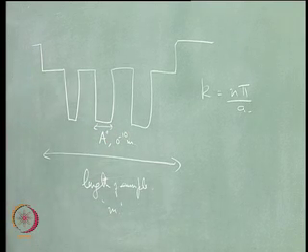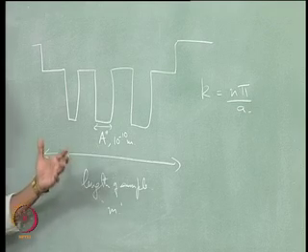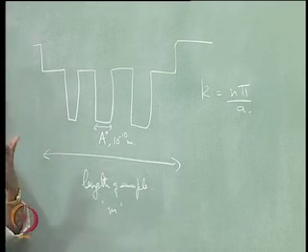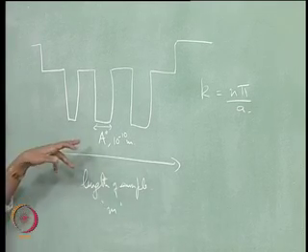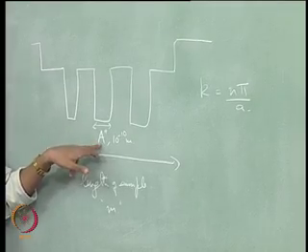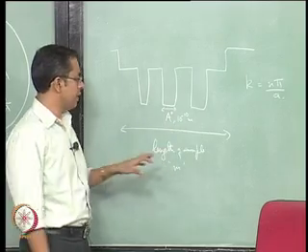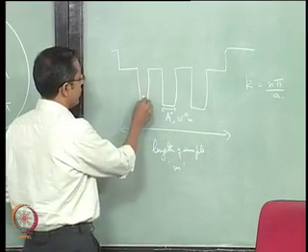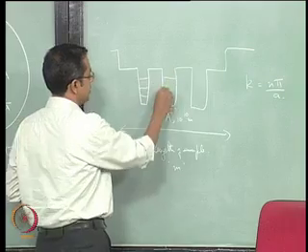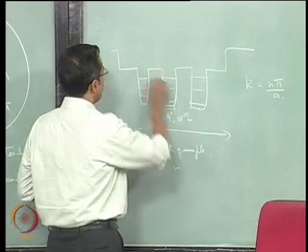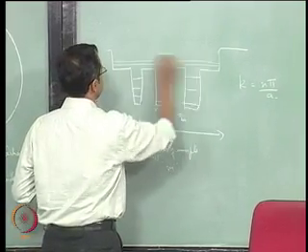Now, information in the reciprocal lattice is in angstrom inverse, so the scale is like that. We also said that you can have electrons that are confined here, or you can have electrons that are confined here.